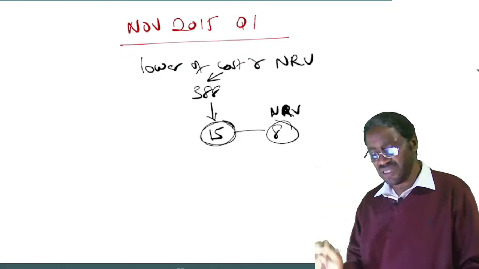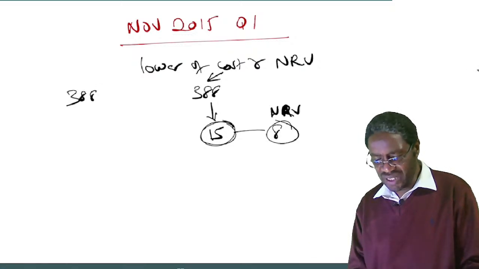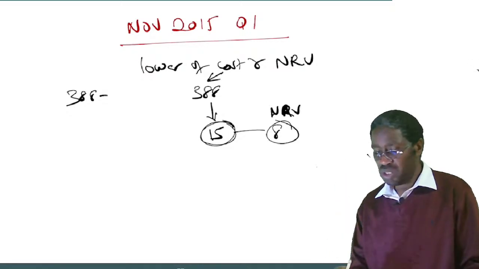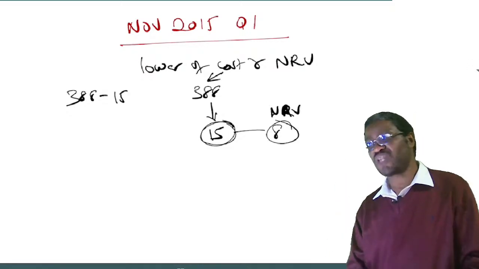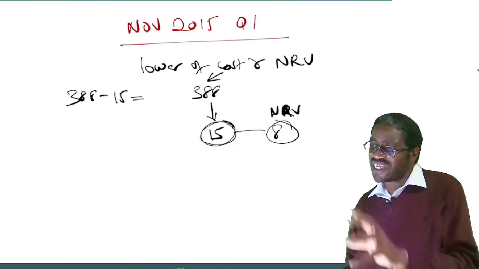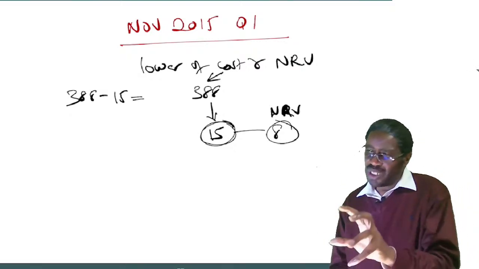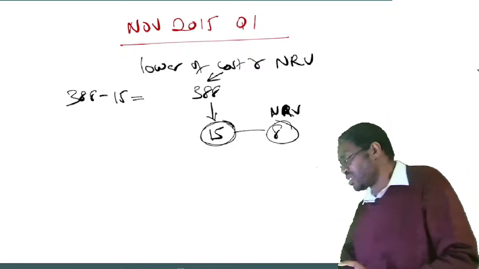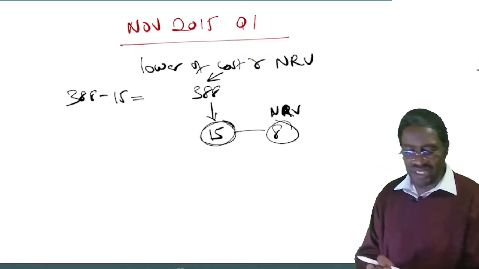So first thing, you have to take that 388, remove that stock which has an issue. And the stock which has an issue is worth 15. Then you will get the closing stock that does not have any issues, which amounts to how much? Let me minus 388.